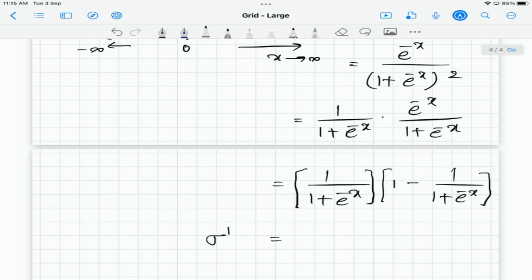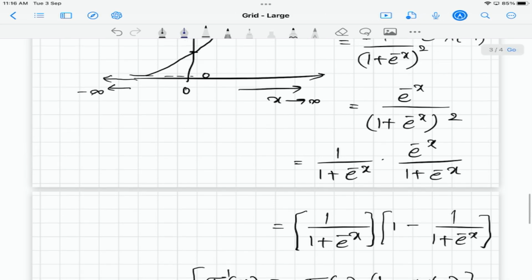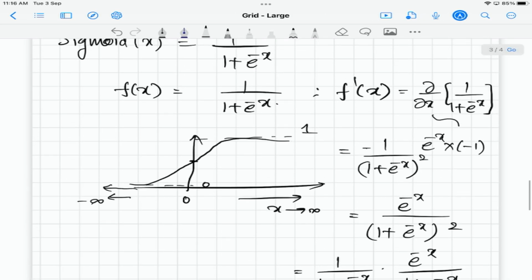So sigmoid's derivative is, can I say this? Did you get the same answer? Just apply the derivative to your sigmoid function, and then expand. Maybe you can try. I'll wait for a minute. Did you derive the derivative?